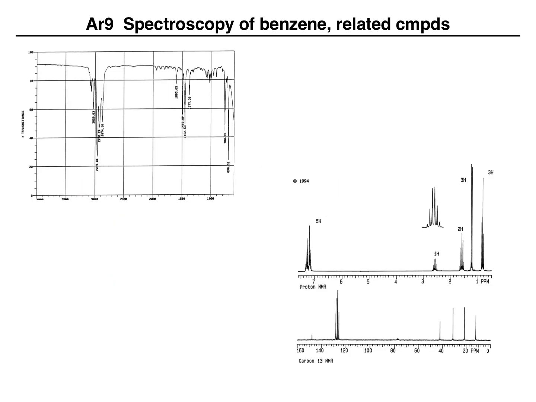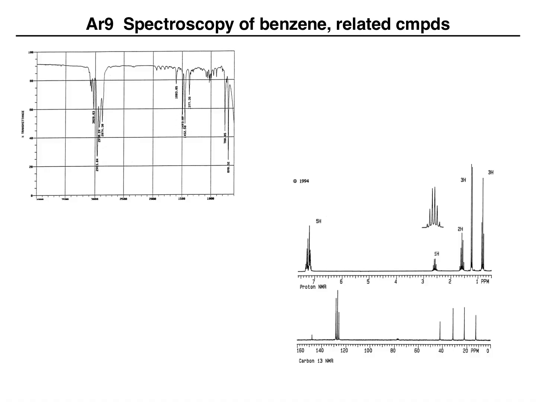So finally, let's take a look at the data for a particular compound and try to figure out what that compound would be. Starting with the IR spectrum, we have sp2 CHs above 3000 and sp3 CHs below 3000, and then we have our aromatic carbon-carbon bonds at about 1500 and 1600.